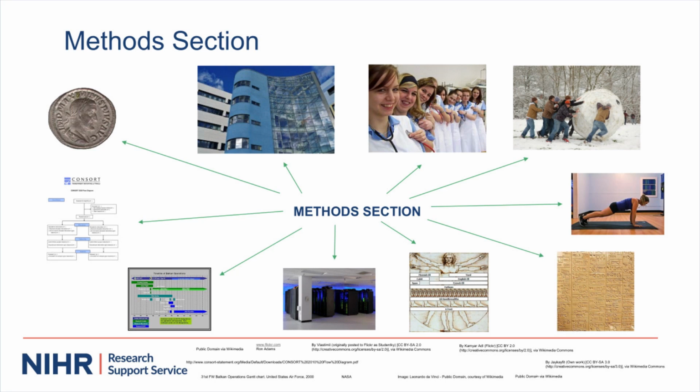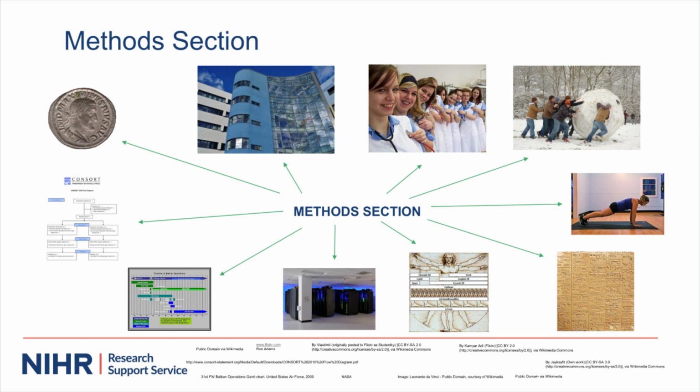Your sample, so who you're gathering information from, and the sampling frame or technique that you're using. So not the sampling frame, the technique that you're using to sample, whether it's snowball sampling, whether it's a random sample, etc. If there's an intervention, what it is, and indeed what its comparator might be. Sources of data, so where are you getting your data from?